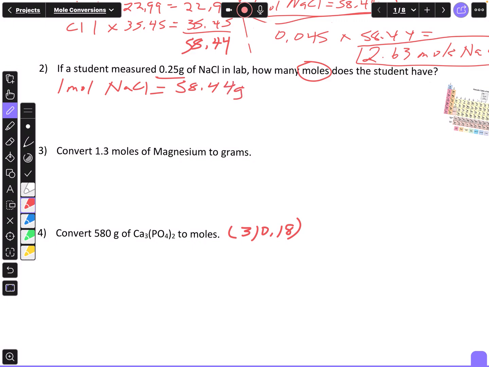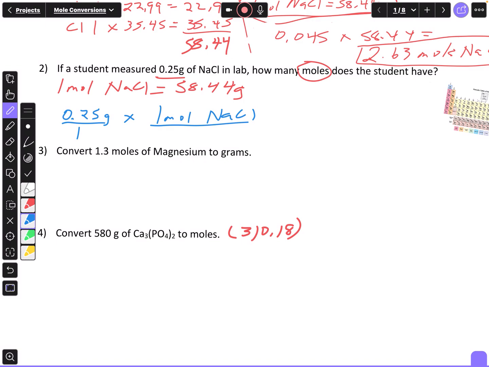Alright, so if I'm going to work this, if I'm starting with 0.25 grams and I want to convert that, and I can put that over 1 times my conversion factor. Now this time, does the 1 mole of NaCl go on top, or does it go on bottom? Well, if I'm trying to go to moles, I need to put the 1 mole of NaCl on top, because that's the units I'm looking for.